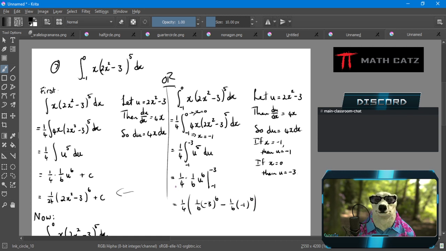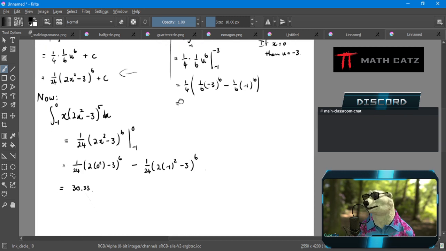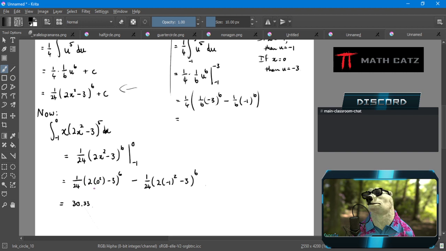Now feel free to pause here and calculate and verify that I get the same 30.3. And if you look, this essentially looks the same as before.